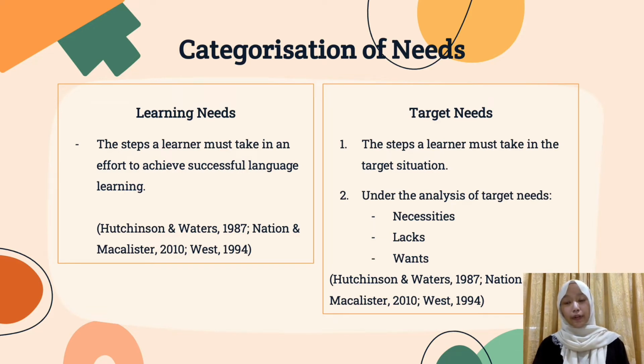Basically, the starting point is the lags, and the destination is necessities. But we will discuss what lags and necessities are under the target needs. Learning needs are therefore more concerned about the process of learning. It's not product oriented, it's process oriented.